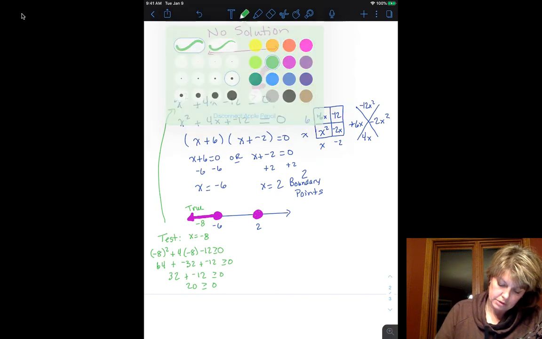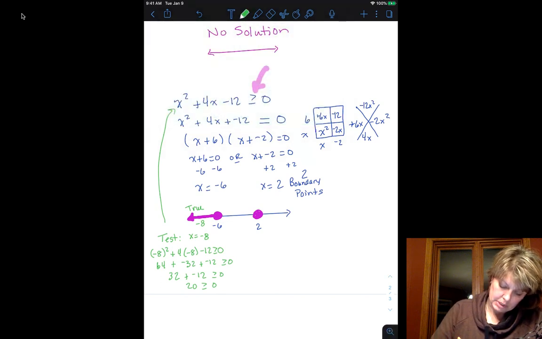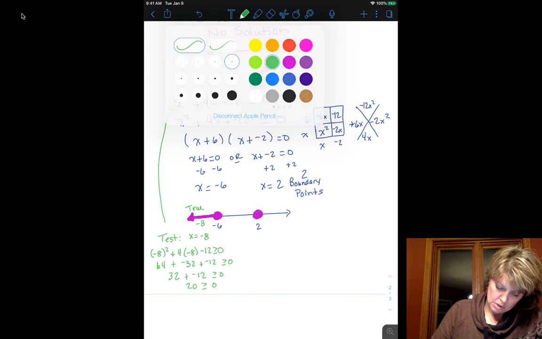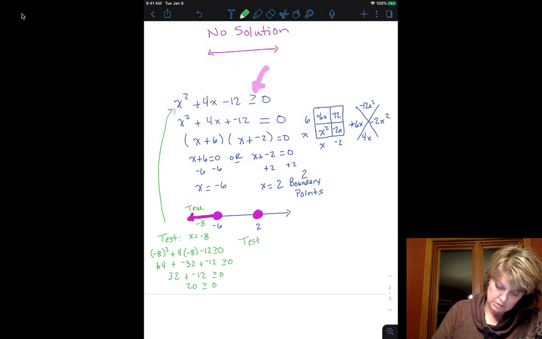Go back to my color green. Now I'm going to test the region in between. I'm going to test x equals, and I'm choosing one in between here. So I'm going to choose 0.